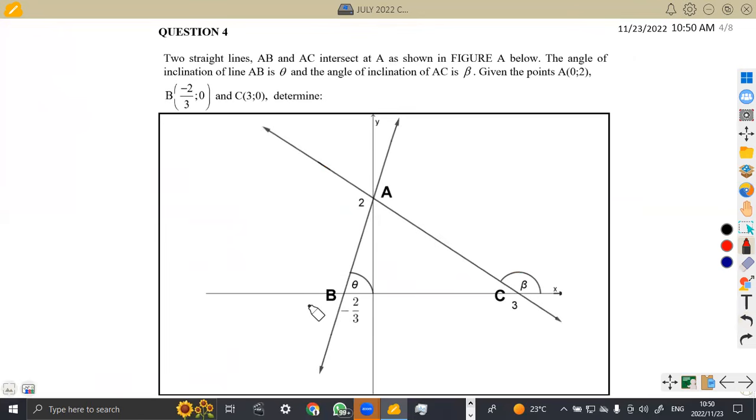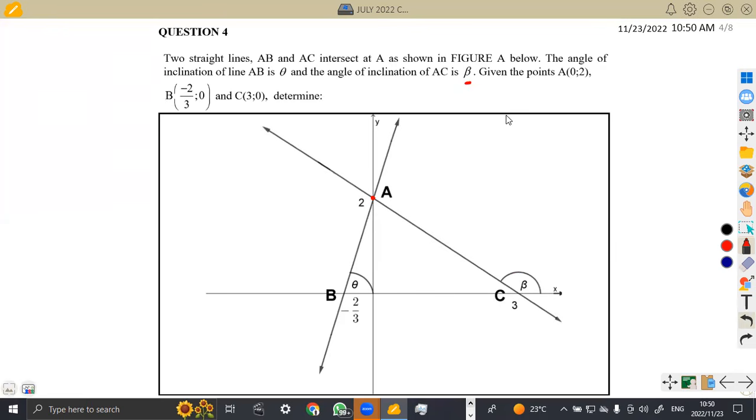On question number 4, we are given 2 straight lines, that is the line AB and the line AC. They intersect at A, which is the y-intercept for both graphs. We are given the angle of inclination of AB is theta, and the angle of inclination of AC is beta.